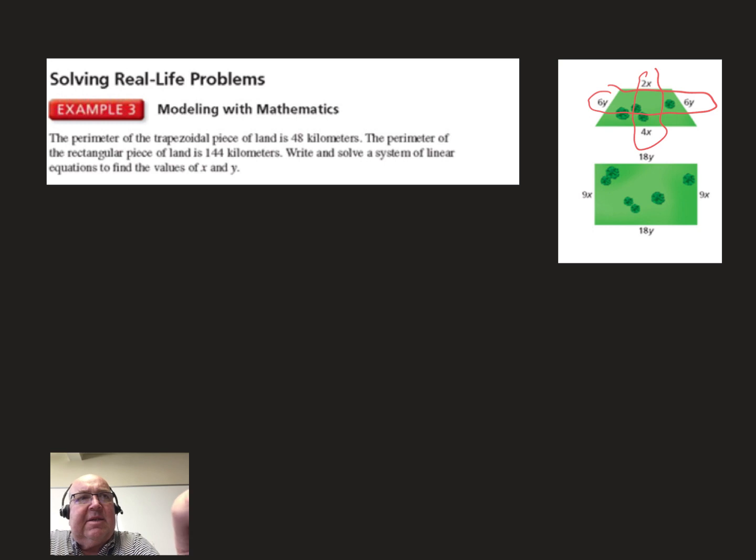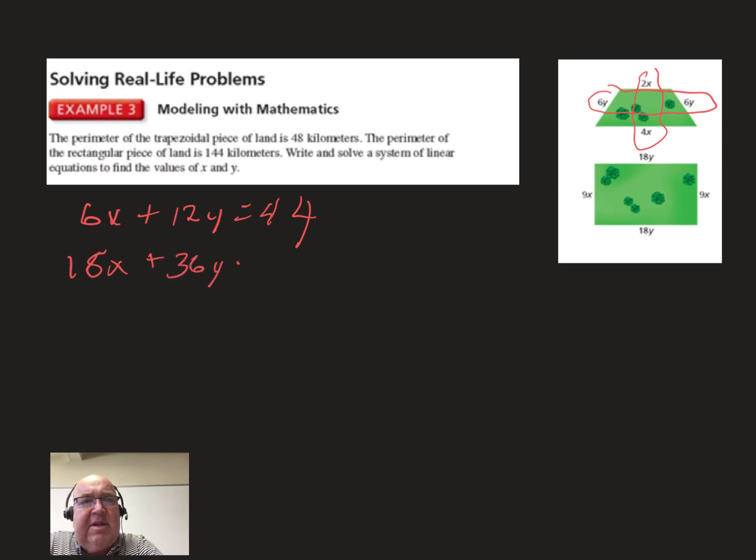So we get 6x plus 12y is equal to 44, and we get 18x plus 36y is equal to 144, and that's 48 that it equaled on the top one there.